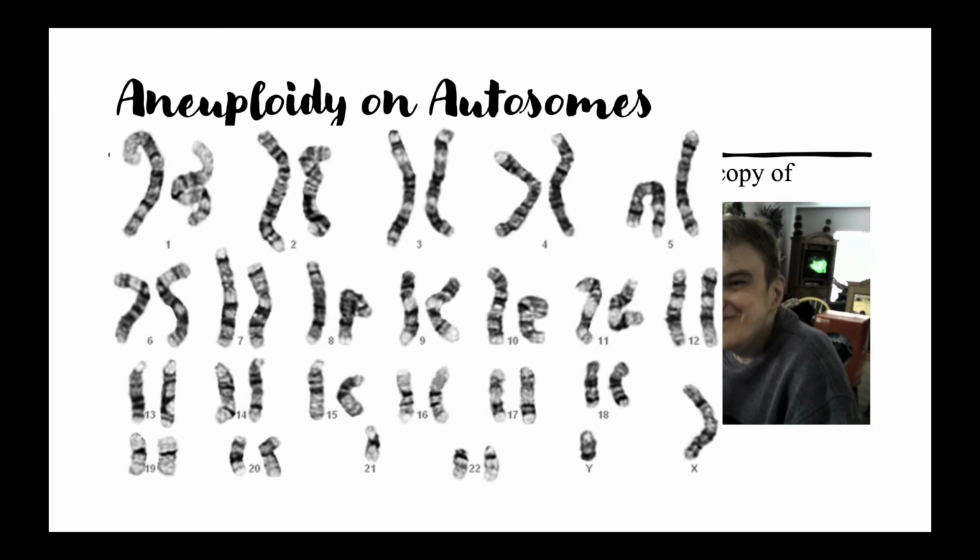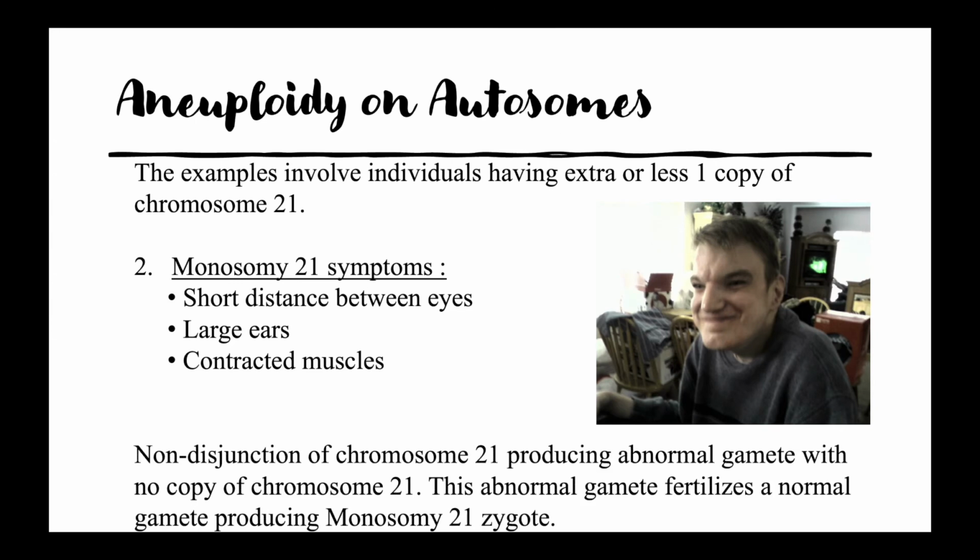Individuals with monosomy 21 condition arise when non-disjunction of chromosome 21 takes place, producing an abnormal gamete with no copy of chromosome 21 at all. This abnormal gamete then fertilizes a normal gamete, producing a monosomy 21 zygote.